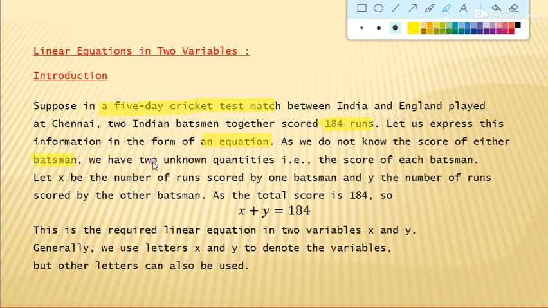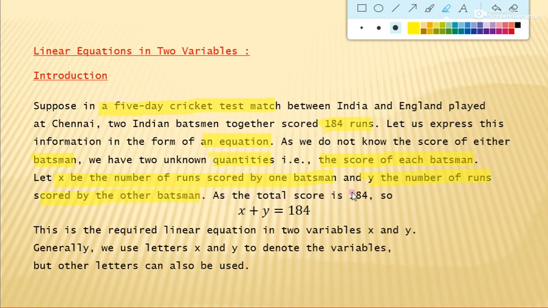Okay, we have two unknown quantities. So for unknown quantities, definitely we will suppose variables. Let x be the number of runs scored by the first batsman and y be the number of runs scored by the other batsman.